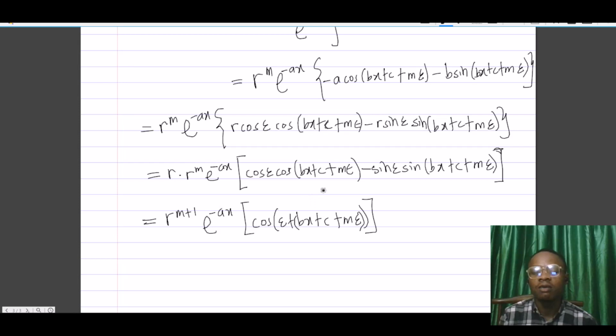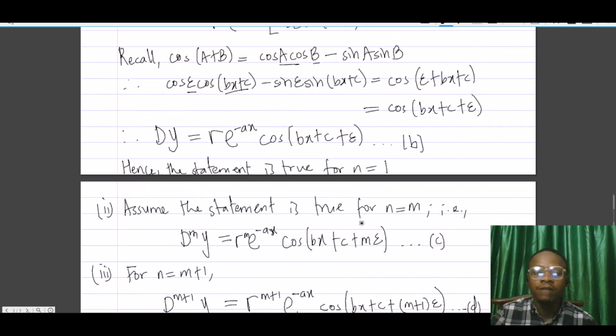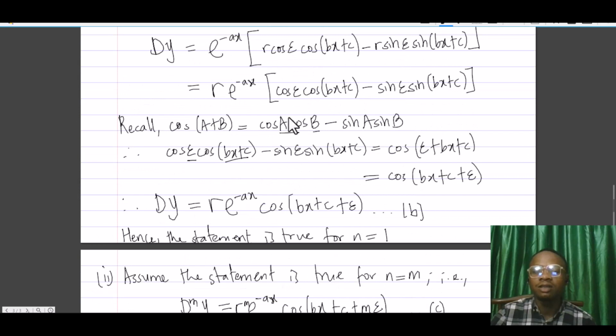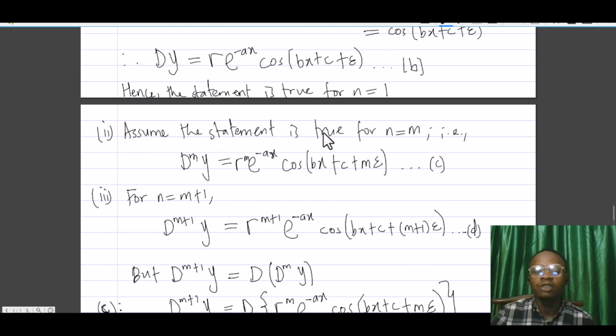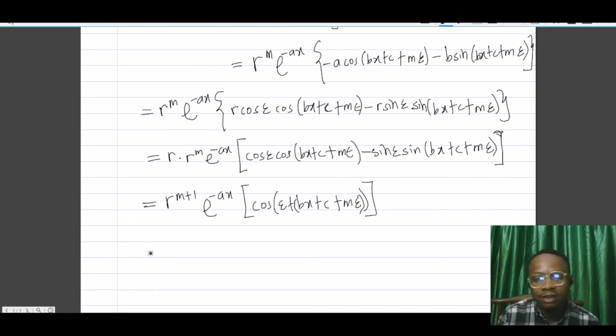So basically we have been able to identify this expression as being equivalent to this using that formula that we wrote up here, using the same approach as what we did to simplify this one earlier. All right, so going further now, we can identify that this is equal to r to the power of m plus 1 e to the power of minus ax, then multiply by cos of this expression.